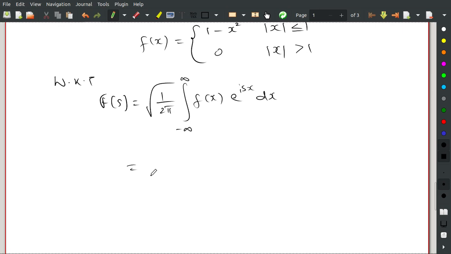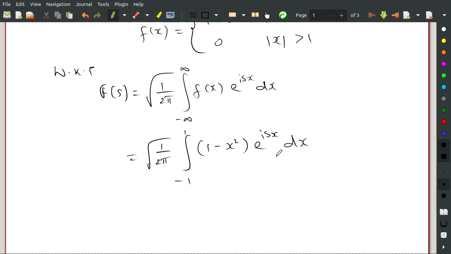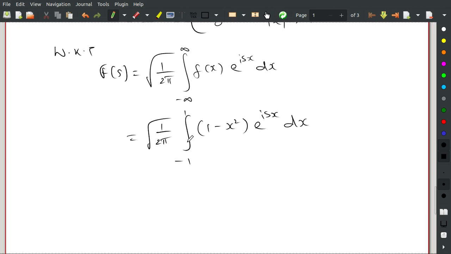Therefore we have 1 by root 2 pi integral -1 to 1, and instead of f of x we put our function, 1 minus x square e power isx dx, right? So this integral is of the form integral u dv. Therefore we can split u and dv based on the LIATE rule.